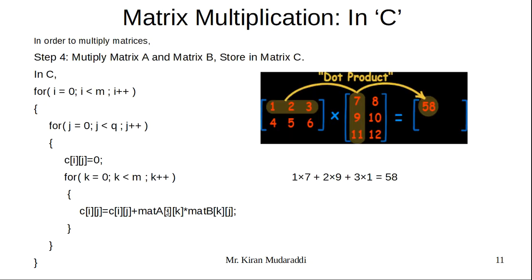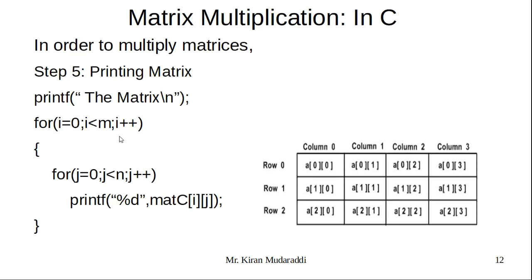And one more thing you need to understand here: if you have m cross n and p cross q, the order of the final matrix will be m cross q. So I used m and q here. So this is step 5, it will give you the product of two matrices.